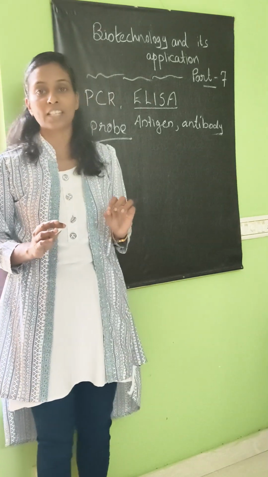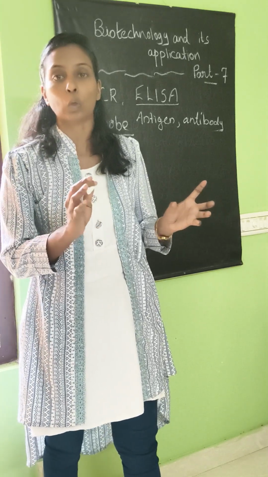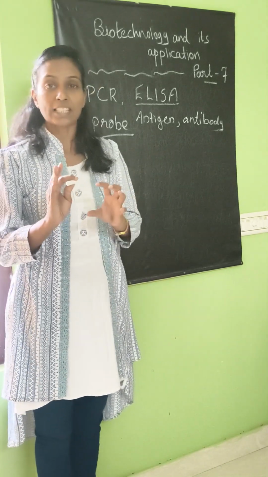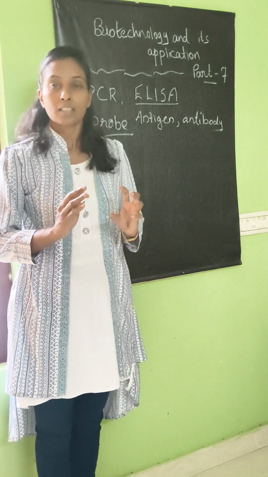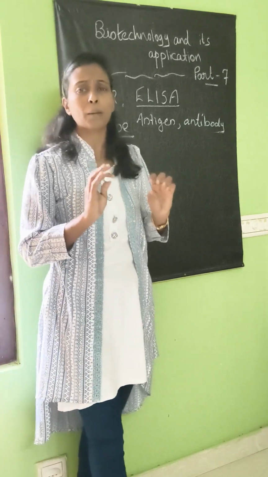So by this technique, with autoradiography, we can identify whether the gene is mutated or not. These are some of the techniques used for early detection of disease. Once we detect the particular pathogen or disease, immediately we can go for treatment, so the cure also will be very easy.